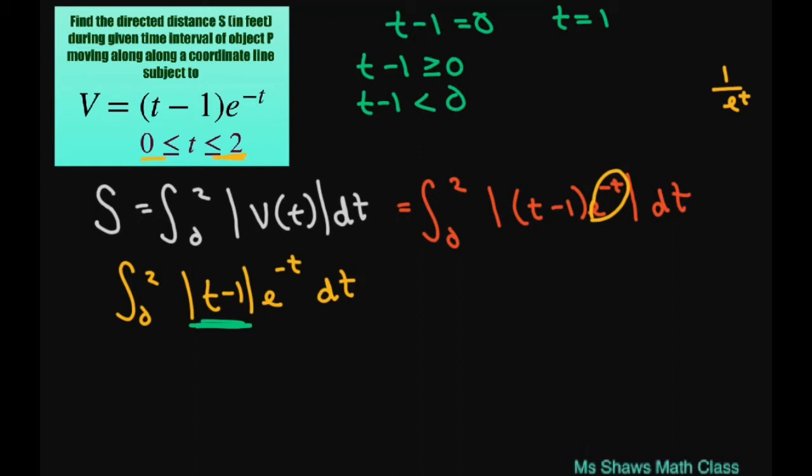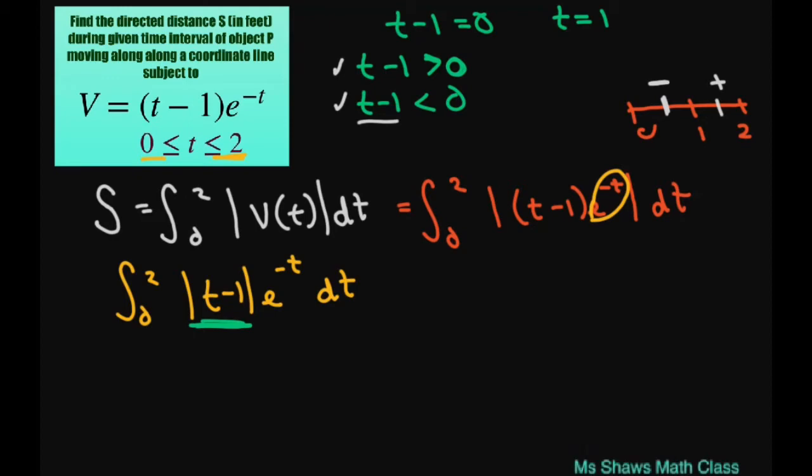Going from 0 to 2, with this 1, if I substitute in 1/2, 1/2 minus 1 is negative. If I substitute in, say, 1 and 1/2, this one is positive.